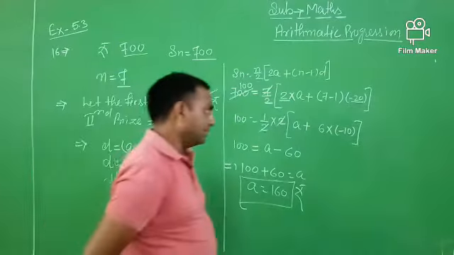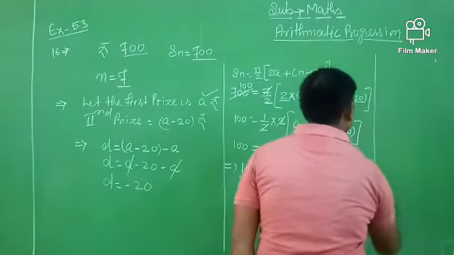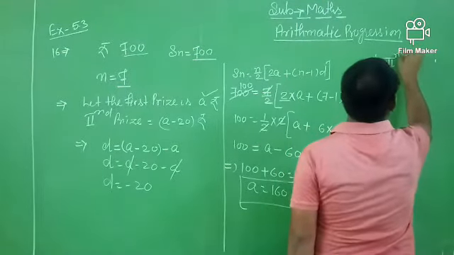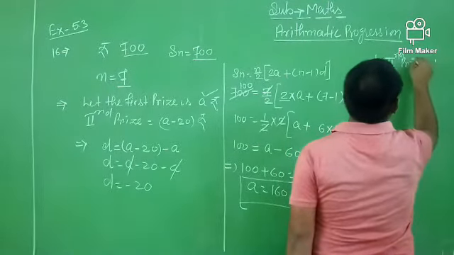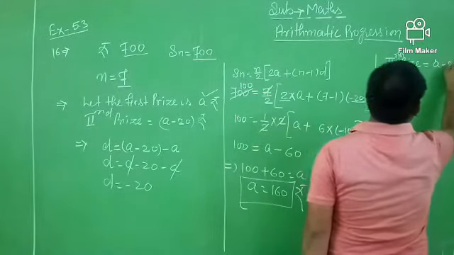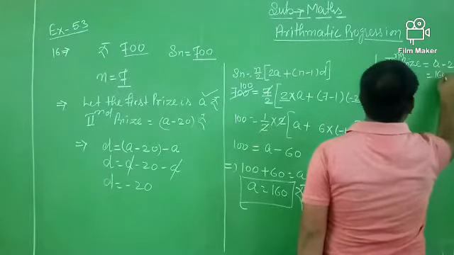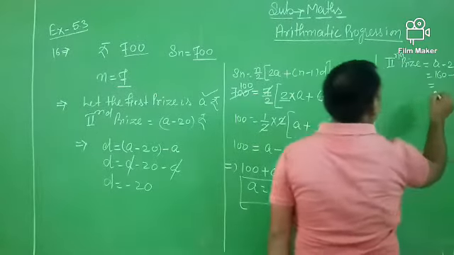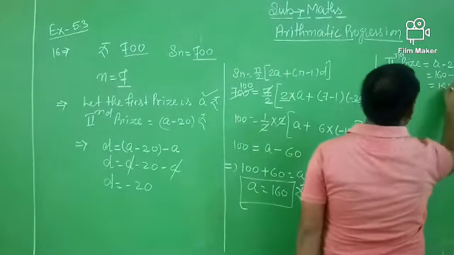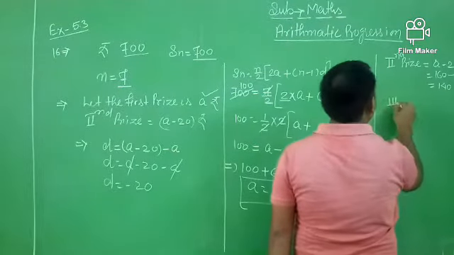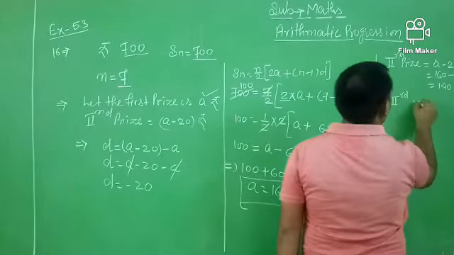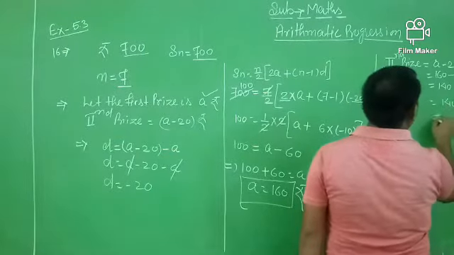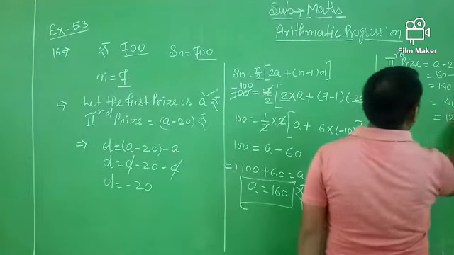For the second prize, it is equal to a minus 20, which means 160 minus 20. Therefore it is equal to 140. Third prize is equal to 140 minus 20, which is 120.